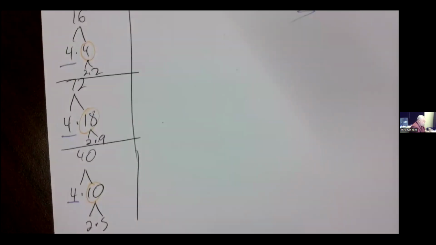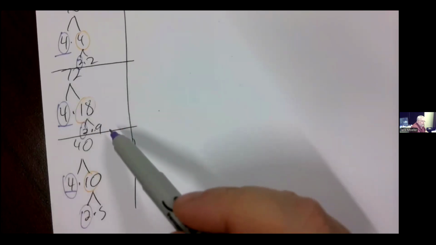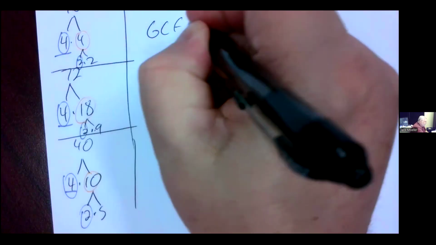So if you notice, not only do we have a 4 in common in all of them, we also have a 2. Is there anything else common? Well, 4 has a 2 left over. 2 doesn't go into 9. 2 doesn't go into 5. So there are no other common factors. But we do know that the GCF has 2 common factors, 4 and 2.